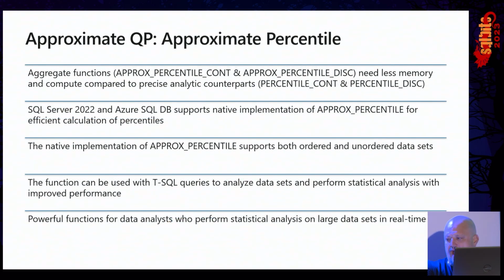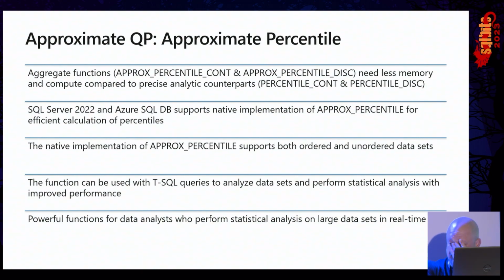So Azure SQL DB and MI now has this. I think it went live March 1st, March 2nd, something like that. We've made available the approx_percentile functions. The function calculates percentiles, and it has two forms: APPROX_PERCENTILE_CONT and APPROX_PERCENTILE_DISC.